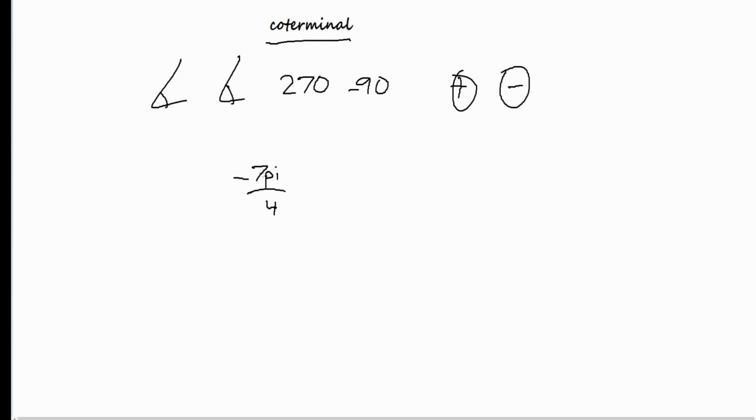In order to find the positive coterminal of this, we'll need to add 360 to that value. Since in this equation we're using 2 pi because 2 pi equals 360, but the concept is you need to add 360 to it in order to find its positive coterminal. For the negative coterminal, we subtract 360, so we subtract 2 pi from this equation.